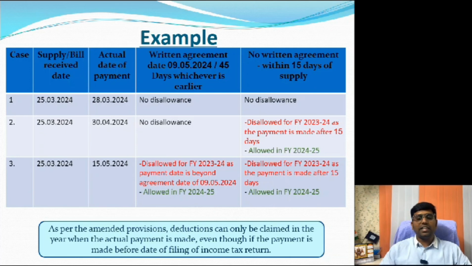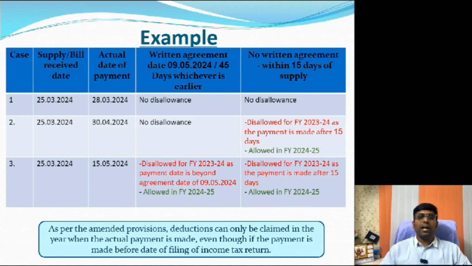And there is a written agreement which says that the payment should be made before 9/5/2024, which is less than 45 days. In this case, the expenditure will not be disallowed as the payment is made within the agreed date. If there is no written agreement, then also the expenditure will not be disallowed as the payment is made within 15 days.